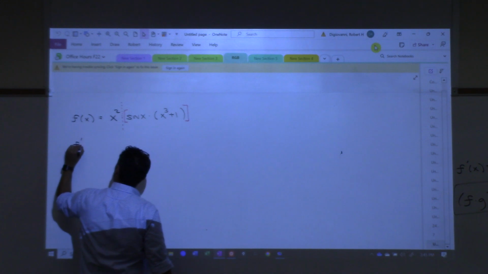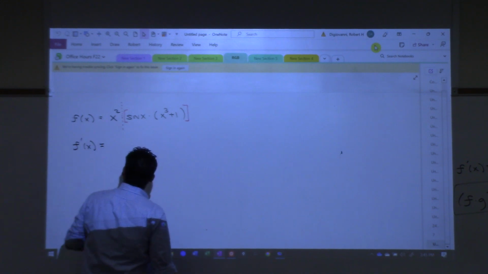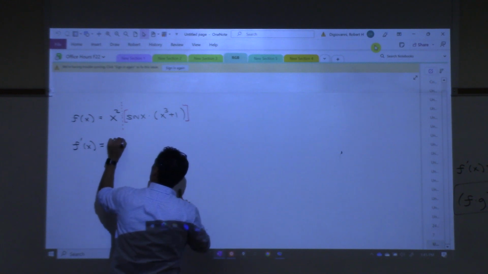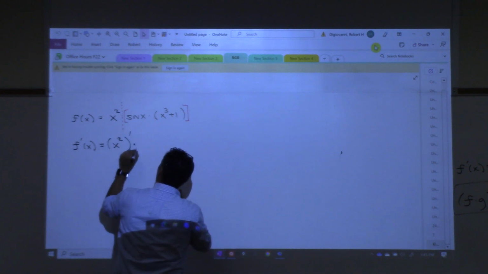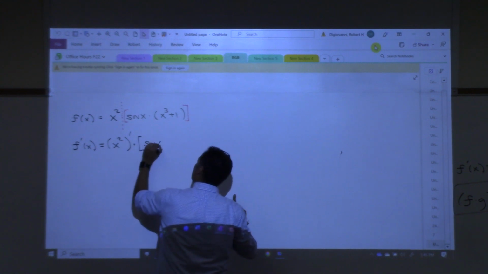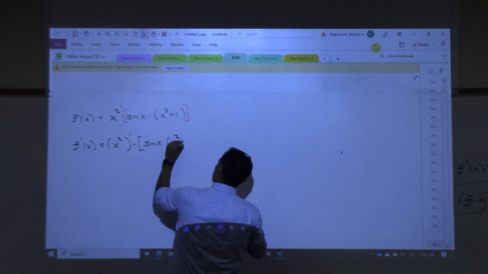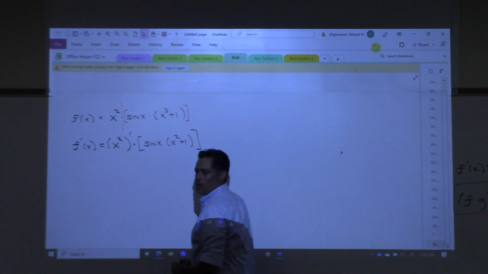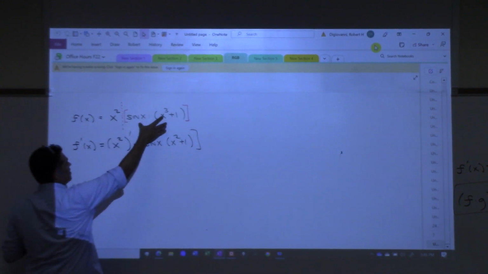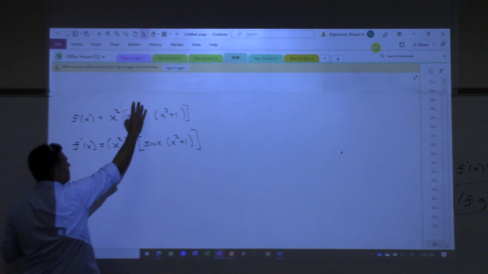The derivative of this should be the derivative of the first one times the second one. Now the second one is everything we see here in this bracket. That makes sense? Yes? We have something times something, the derivative of the first one times the second.